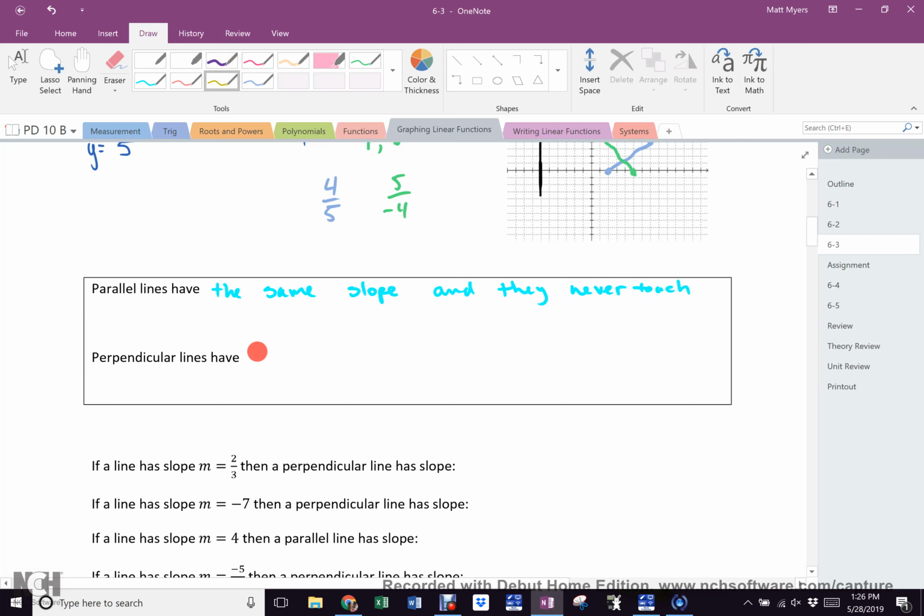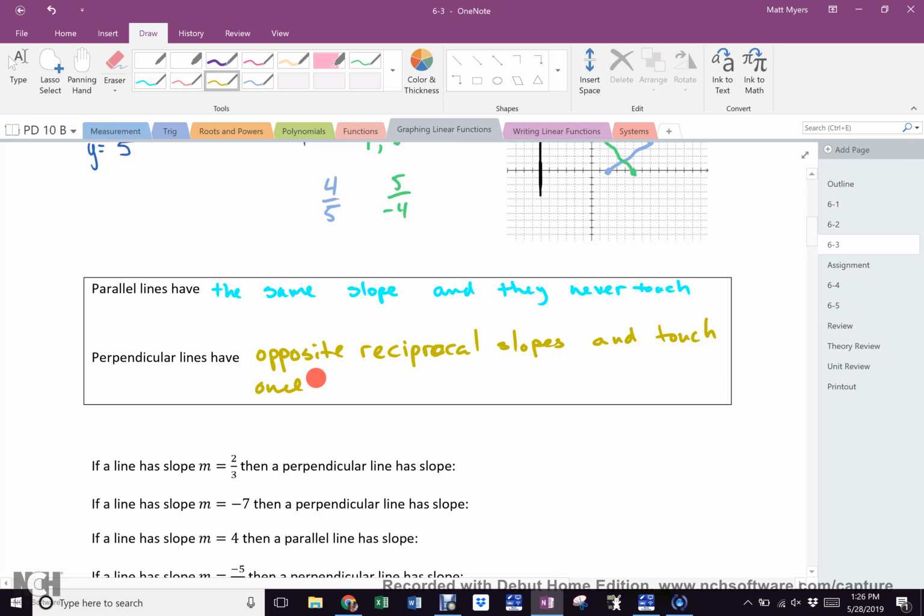Perpendicular slopes have opposite, reciprocal, and touch how many times? Once. Easy peasy lemon squeezy, right? That's all there is to it.